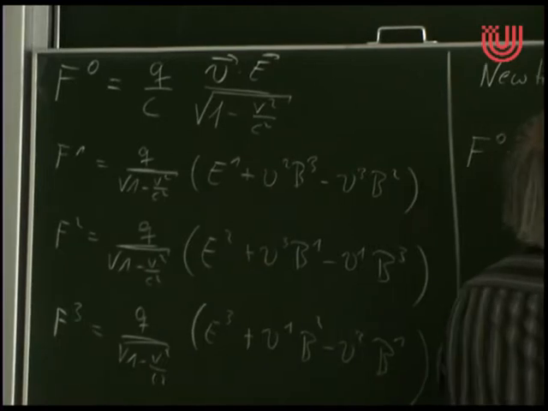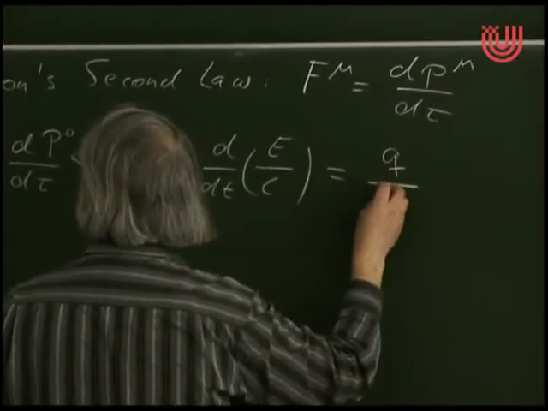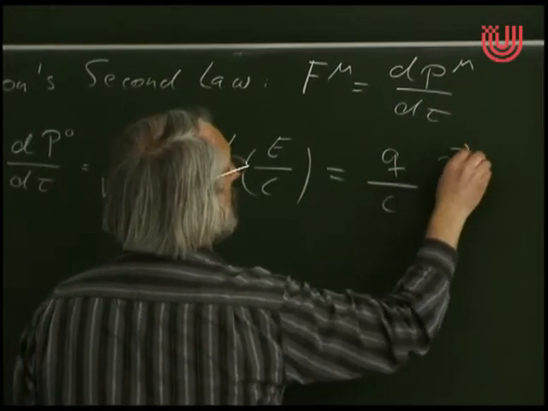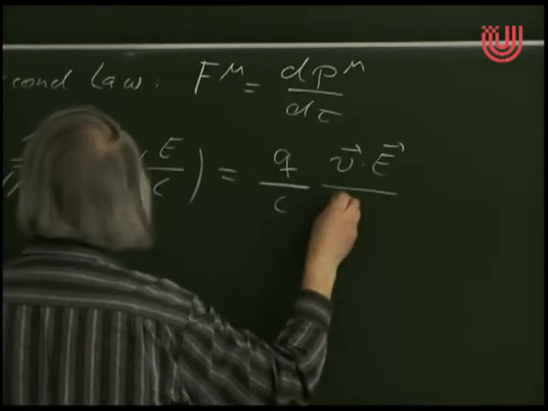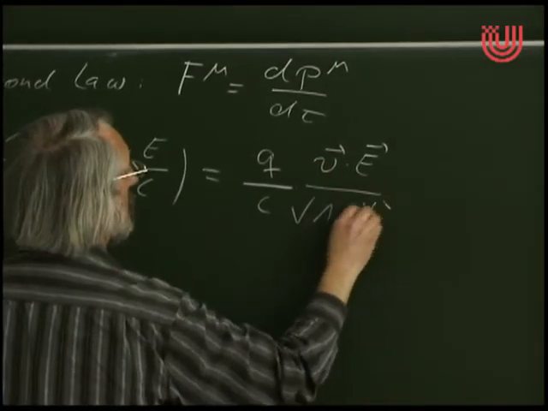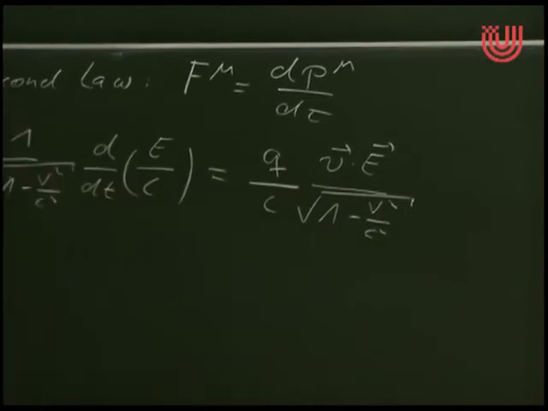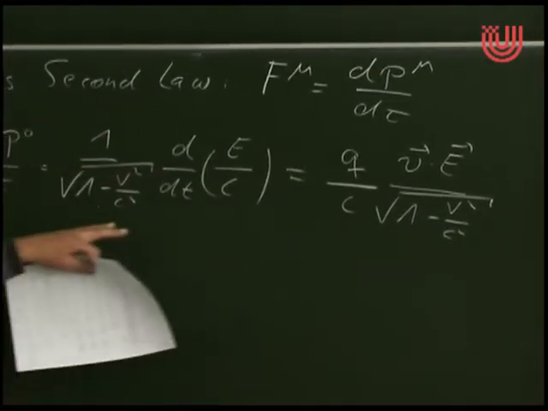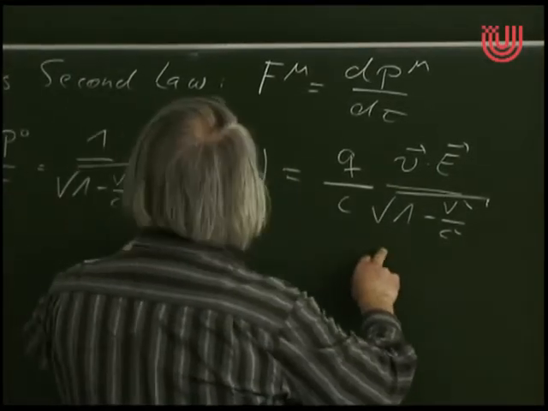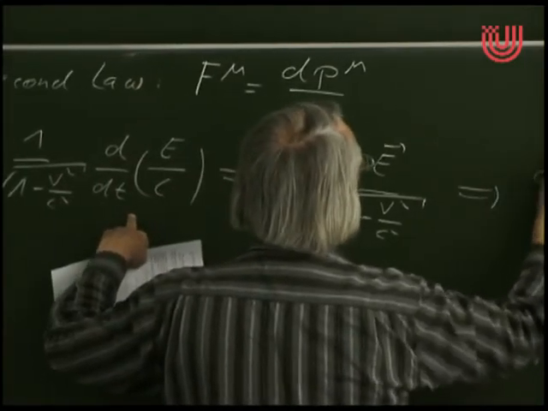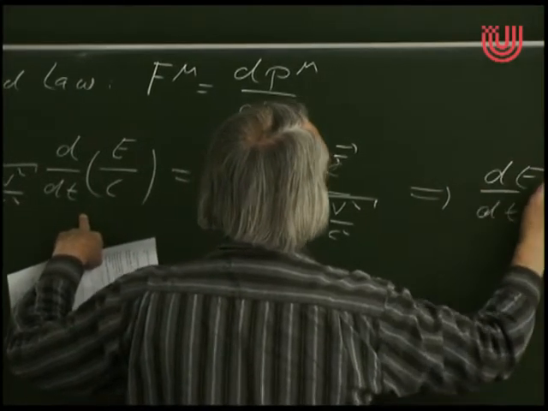So we have found that this is Q over C, V dot E divided by the square root. And obviously this tells me how the energy changes. So this gives me dE by dt is what?